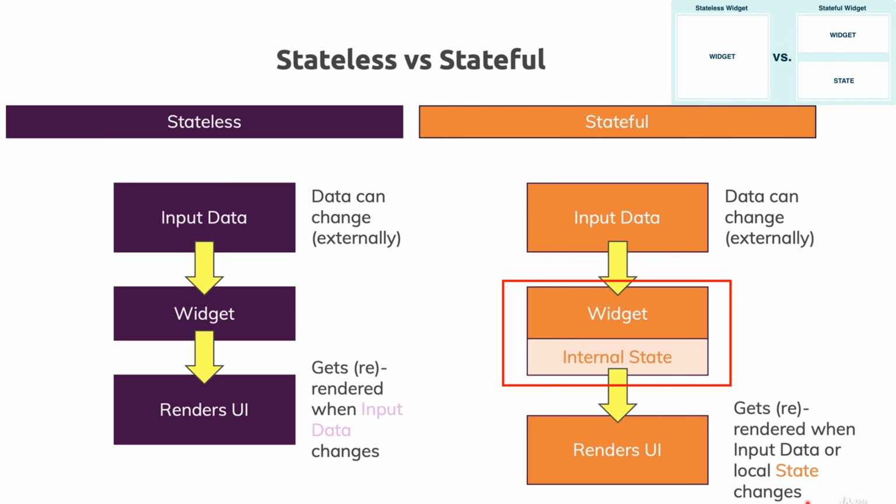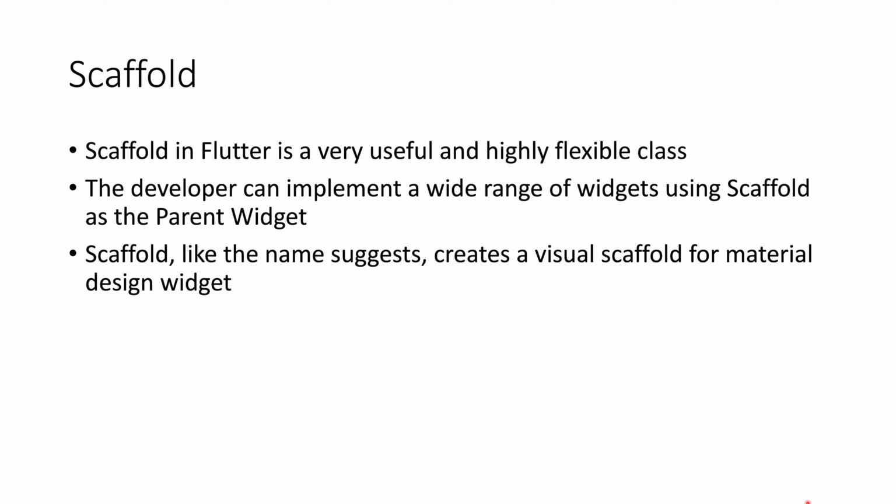So let me move a little bit further. The other thing which you need to keep in mind is what is scaffold. We will not use it initially, but of course it is going to be used as we move forward. So basically scaffold is a Flutter widget, and it is a very flexible class.